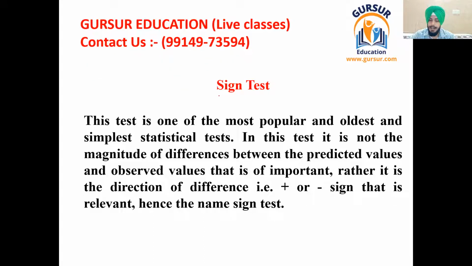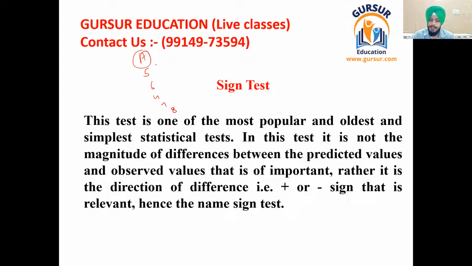If you remember, I taught you a specific method in which signs are used, like plus and minus. For example, there is a series containing items like 5, 6, 4, 7, 8.